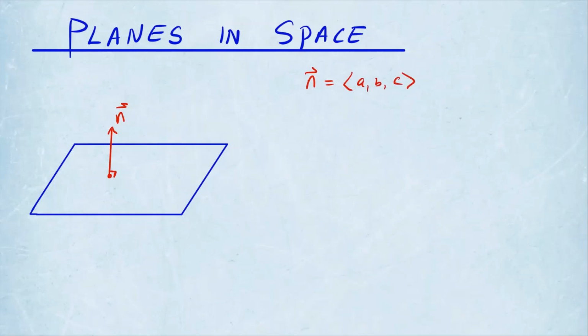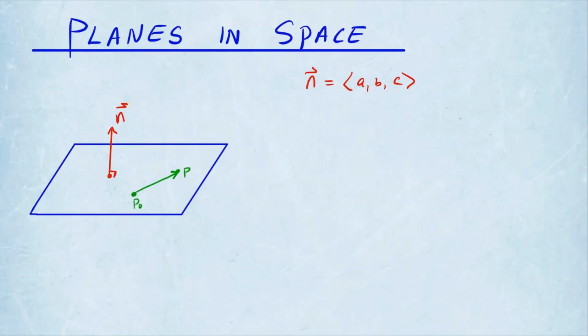Now if you find 2 points on the plane, let's say here's a point on the plane, let's call it P0, and here's another point on the plane, let's call it P. So if I create a vector from here to here, now this vector and the normal vector will always be perpendicular because this vector lies on the plane and this is perpendicular to the plane. So let's suppose that our vector from P0 to P will have the following components.